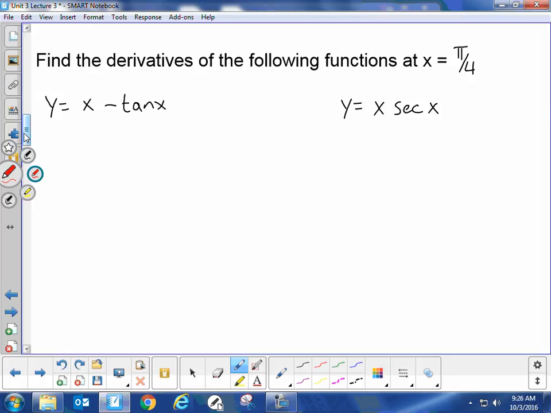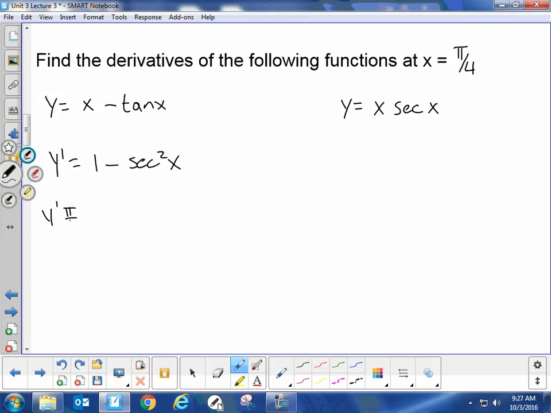It's just taking the derivative, but now we'd have to evaluate our derivative, which is a little bit more complicated in terms of its trig function at the x value. So I start with the derivative here. I have 1 minus secant squared x. It's just the derivative of x minus the derivative of tangent. And I need to find that at pi over 4.